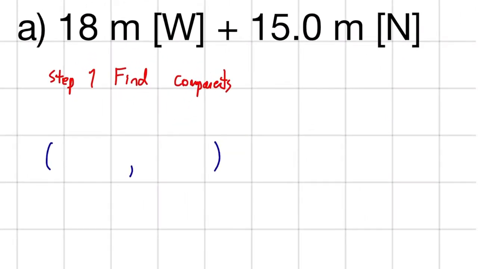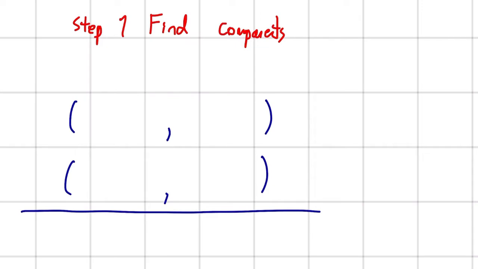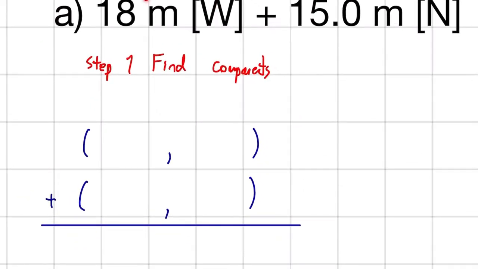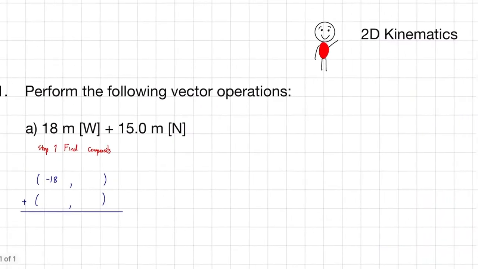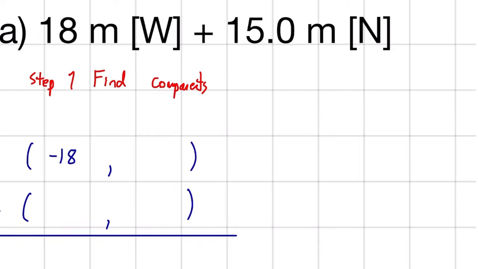So I'm going to put the room for both vectors and we're going to be adding them up. So here's our first vector, 18 meters west. Since we're going in the west, remember west is negative, so we're going to put a negative in front of our 18.